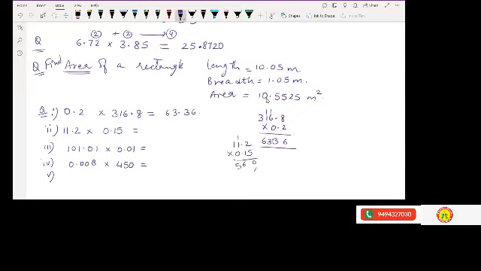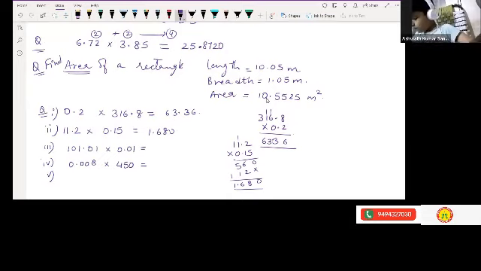This is 5. 2, 1, 1, 0, 8, 6, 1. And the decimal point is after 3 places. So 1.680. Is it? Yes? Got the same? Yes, ma'am.